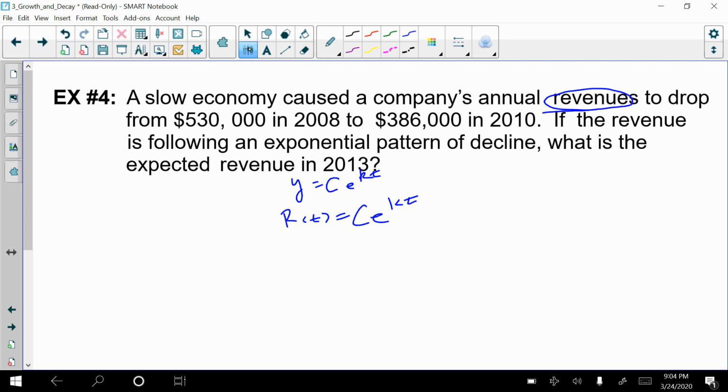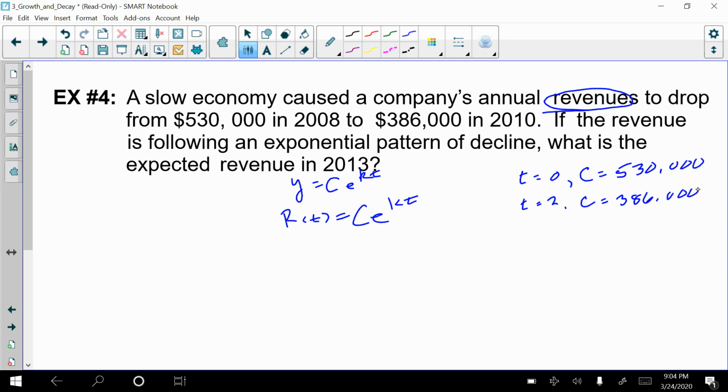So we know that at time 0, our initial conditions, when no years have passed, C, the amount present for revenue, was $530,000. Well, 2 years later, the revenue had dropped to $386,000.